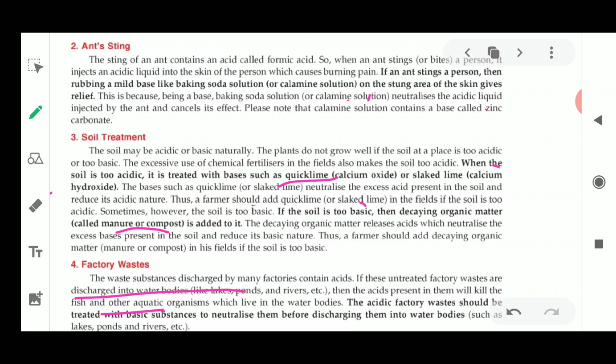Now this factory waste has to be treated with a basic substance. So these basic substances are added to the factory waste so that neutralization could take place before discharging it into the water body. So this is how we are going to treat the factory waste which is acidic in nature, by adding some basic substance to it.